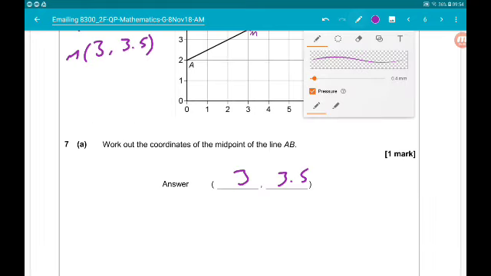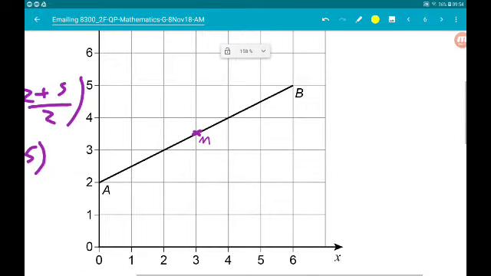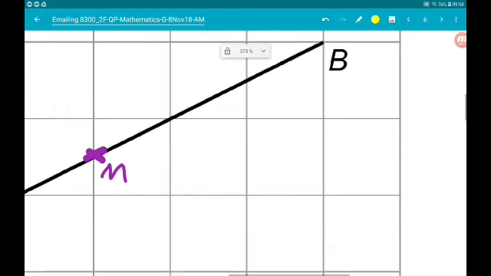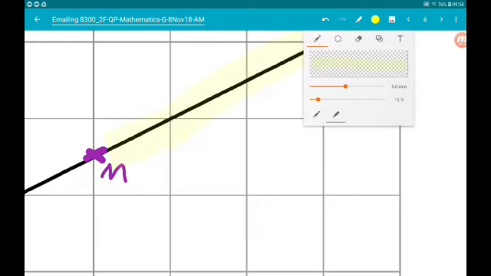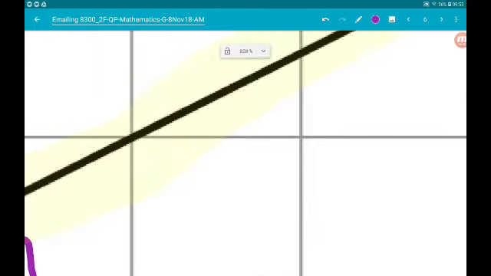Okay, so we know that C is closer to B than A, so it's somewhere on that part of the line. Now what we're looking for is a point where the line goes exactly through the corner of a square. So that's this point here.